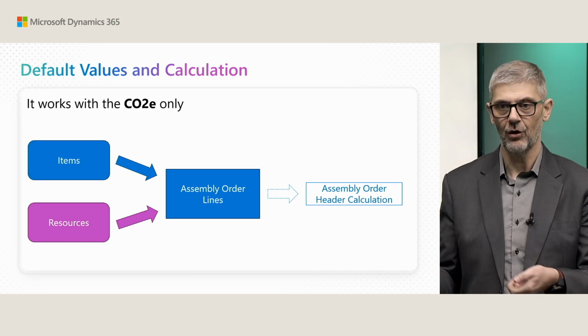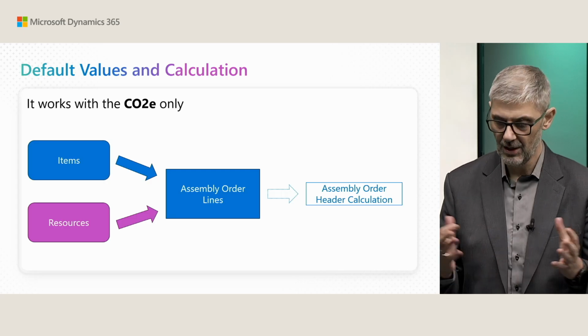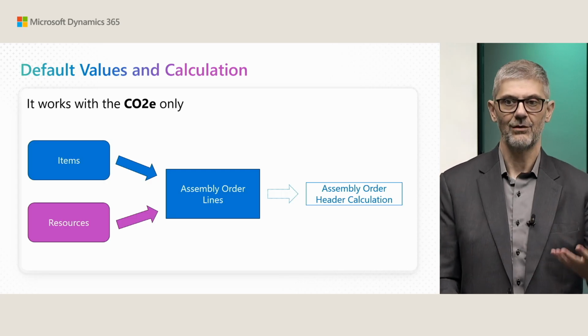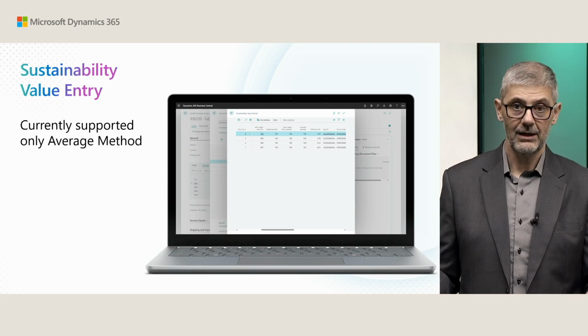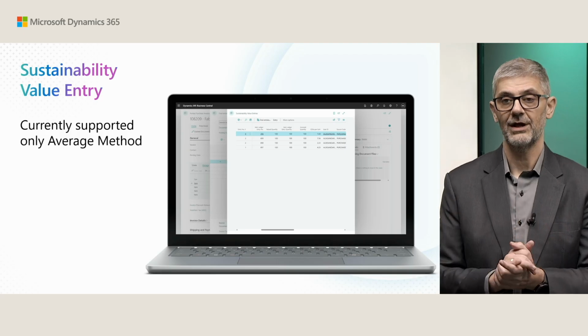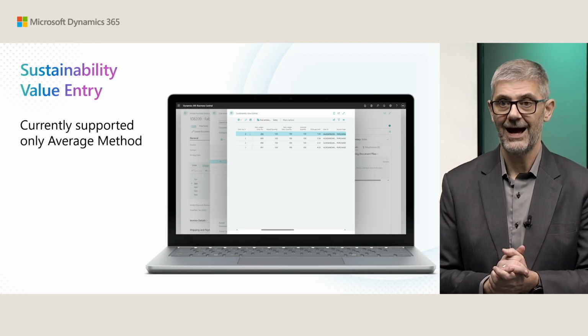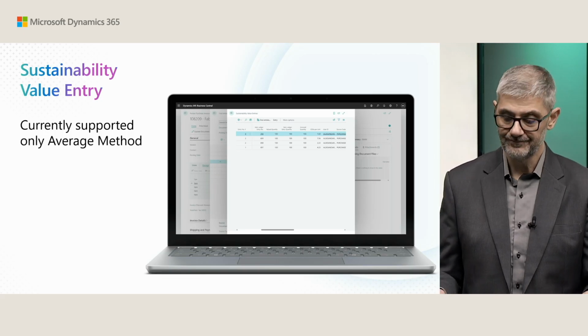And we will use all this incoming information on assembly lines. So this is very easy, how the system is working. The final result is that we will get a sustainability value entry used for calculation of item emission. At this moment, the system works only with the average method.